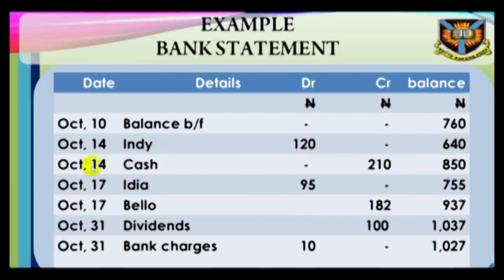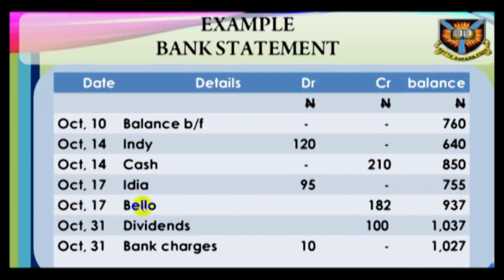October 14th, cash, which is a credit, 210 naira, and that gave us a balance of 850 naira. October 17th, Idia 95 naira debit, which gives us a balance of 755 naira.